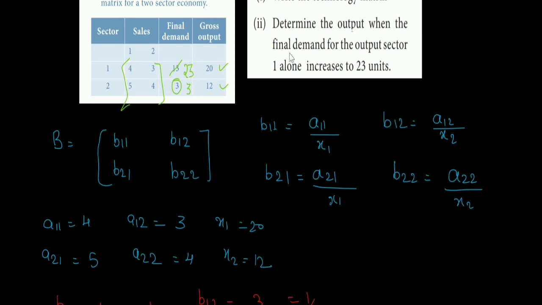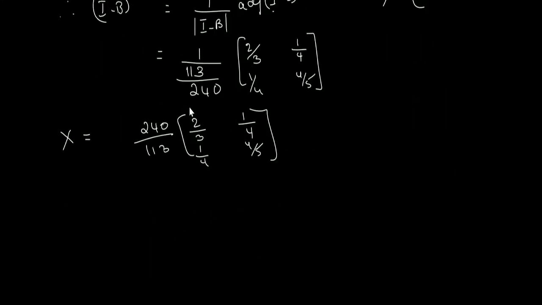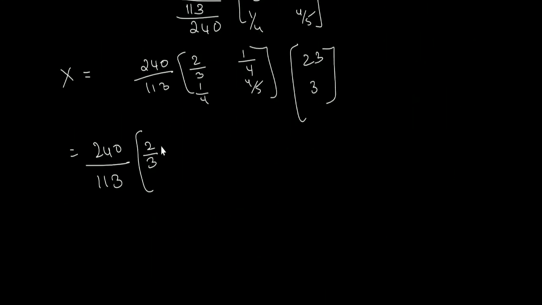Determine the output when the final demand for the output sector 1 alone changes to 23 units. So the first one is changing to 23, second one remains the same. So demand is 23 and 3. 2 by 3 into 23 plus 1 by 4 into 3.